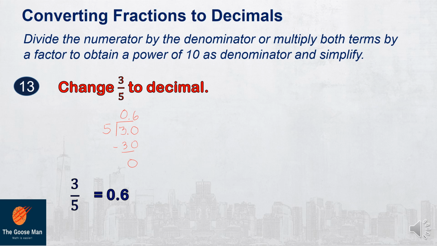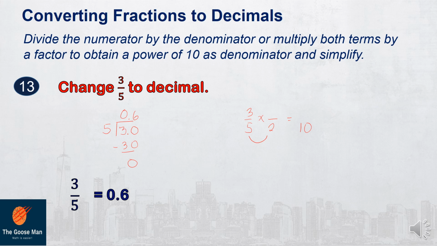Another way to convert 3 over 5 is I'll think of a number that I'll multiply to 5 to make it 10. And that number is equal to 2. So take note, 5 times 2 is the same as 10. And I'll multiply the same number to 3.